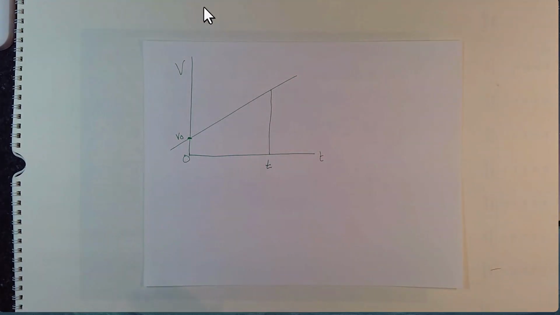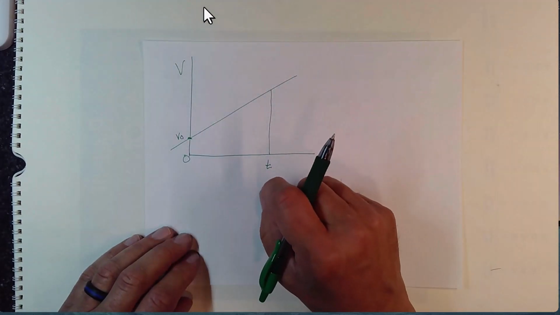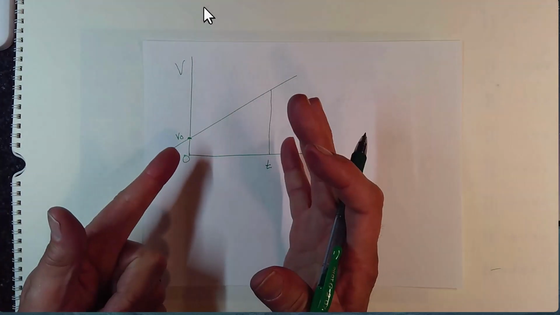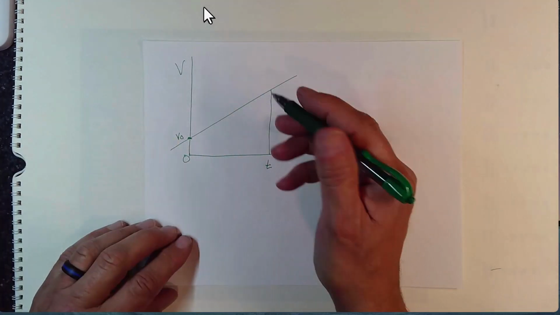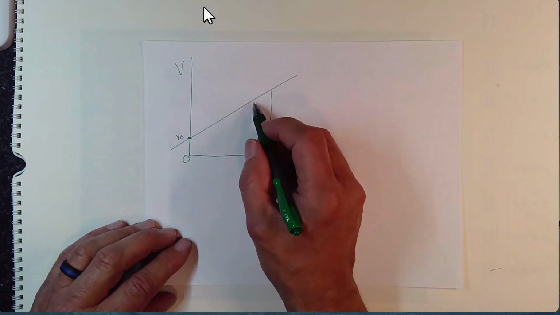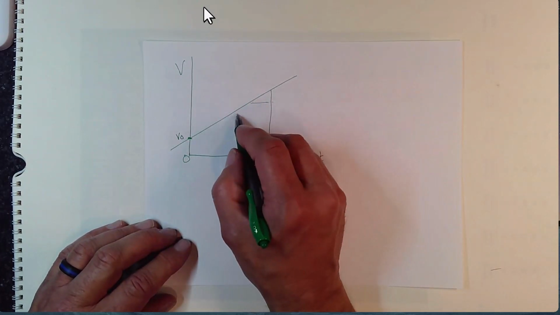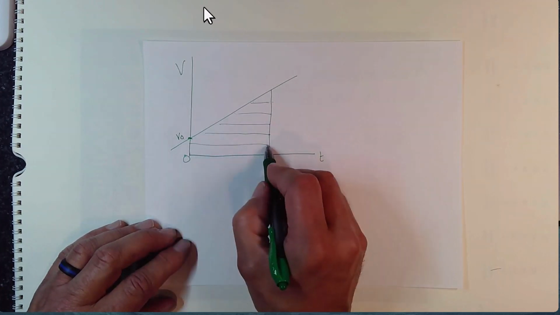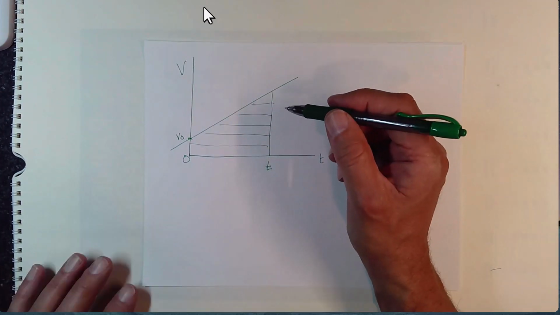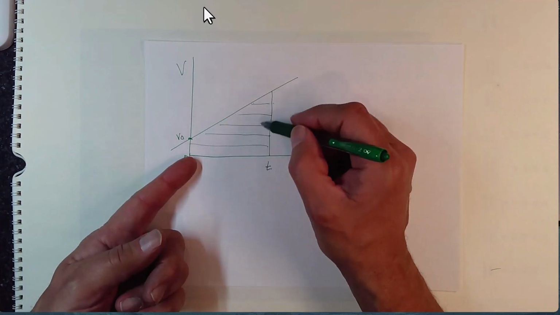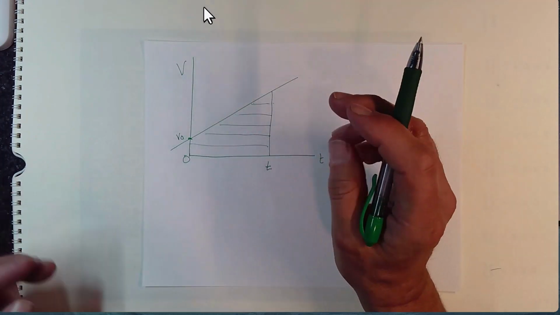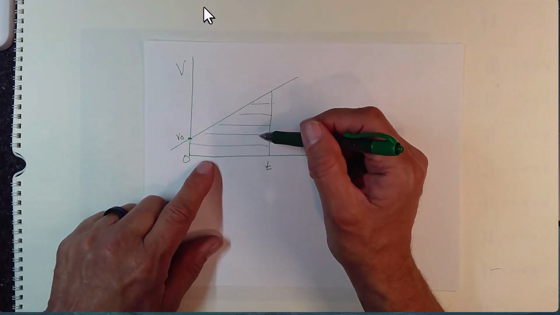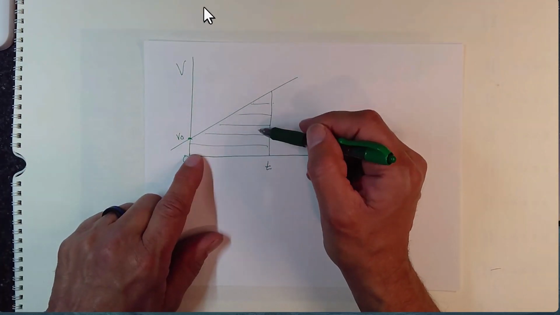Now, when we had a nice horizontal line, it was easy to calculate the area of that, and the area ended up equaling the displacement. Well, that turns out to be the case whether you've got a nice constant velocity or whether you don't have a constant velocity. This area, it's kind of an area, it's not square meters, it's an area under the graph, will equal the displacement.